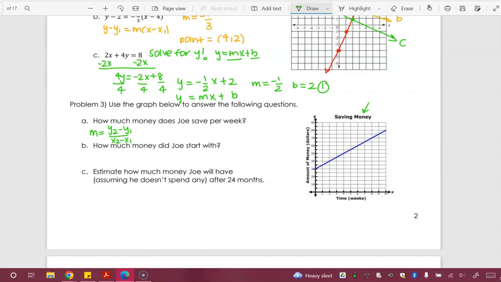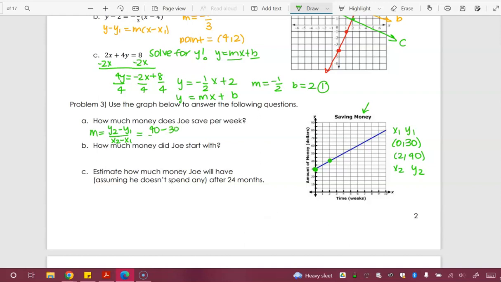We're going to pick 2 points on this graph. We're just going to pick the beginning here. That's going to be 0, 30. And then we can pick the next one. Let's go here, 2, 40. And this is going to be my x1, y1, x2, y2. So then I'm going to do y2, which is 40, minus y1, which is 30.